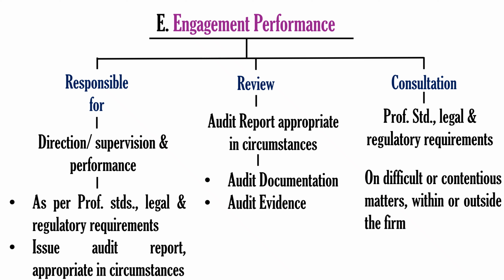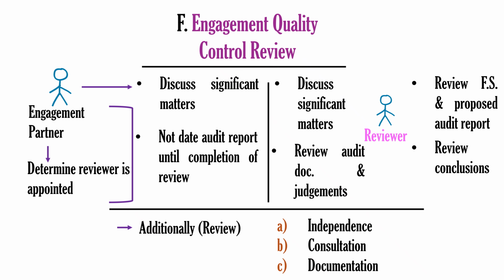You will find that this SA 220 is very much similar to the SQC 1. It does not have much difference, but the sixth element here is the extract of the same point engagement performance which was given in SQC 1. So in SA 220, there are 2 points that have been split out.